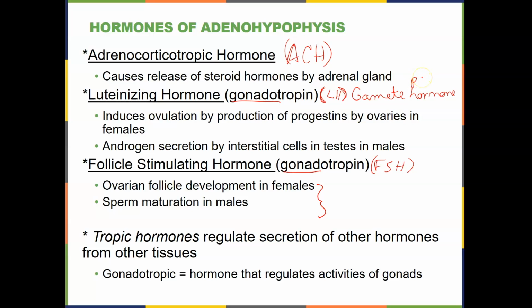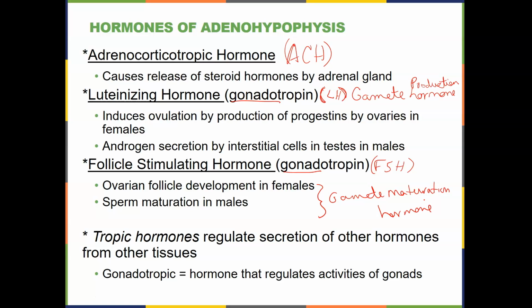So it's saying, hey, start making hormones that are going to support the transition of cells from a stem cell into a gamete. So this is gamete production. That's how I thought of it. And this is the gamete maturation hormone.